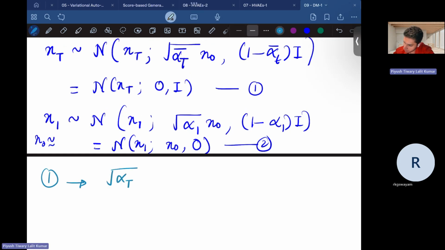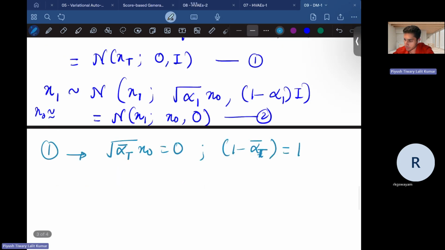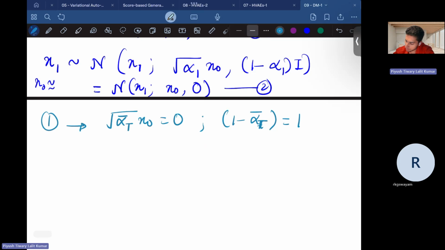Square root of alpha t bar x naught should be equal to 0, and 1 minus alpha capital T bar should be equal to 1. So what does this mean? Both of these conditions, what do they imply?